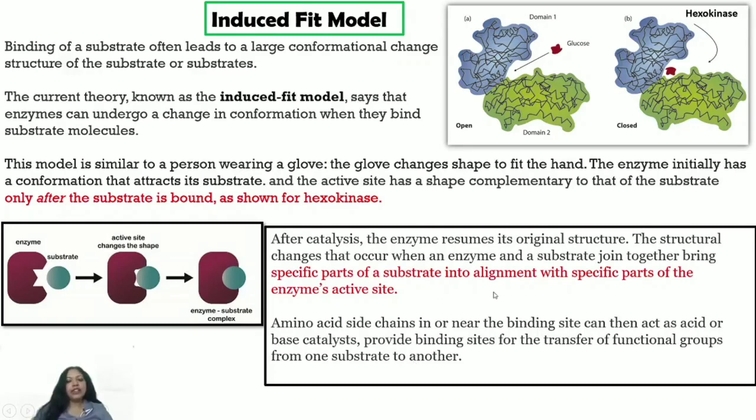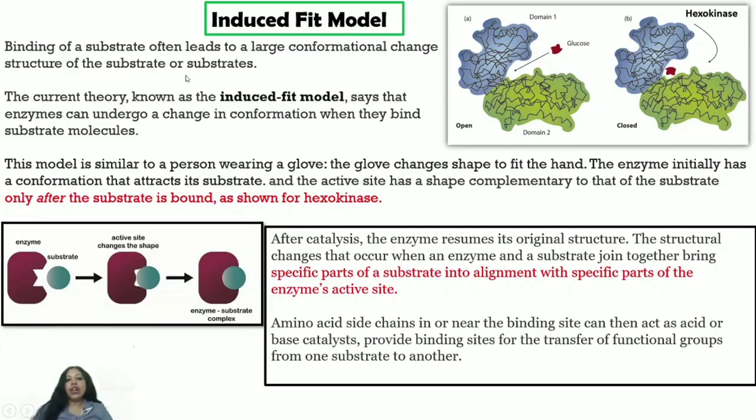Now it is very clear why we discussed the lock and key model first and the induced fit model secondly. The basic nature of the enzyme catalyzed reaction is the same: the enzyme comes into contact with the substrate, an ES complex forms, and this results in the formation of products.